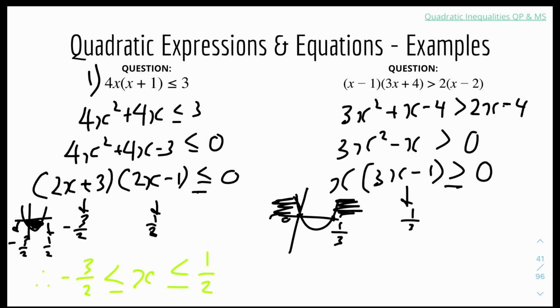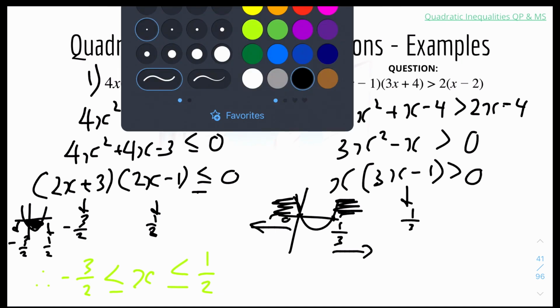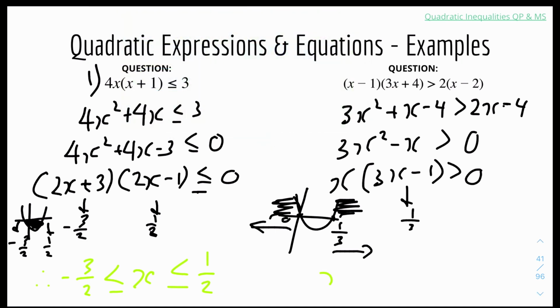So this will be 1 over 3. And you know that it's a bigger than graph, so the values of x would go to infinity. So it would be 0 to infinity and 1 over 3 to infinity. That means that the two sets of values for x would be x is smaller than 0 and x is bigger than 1 over 3. And that's our final answer.